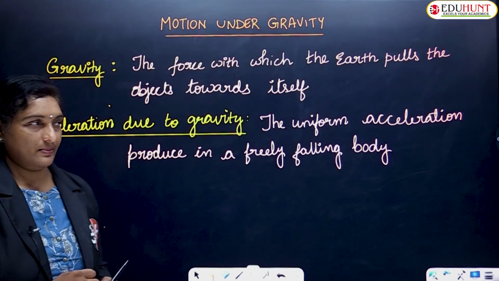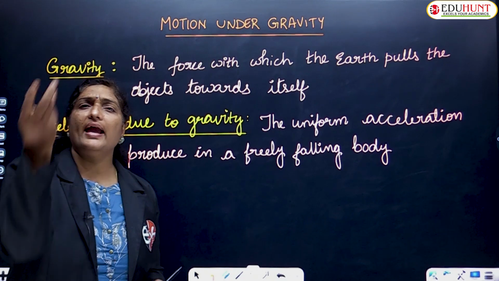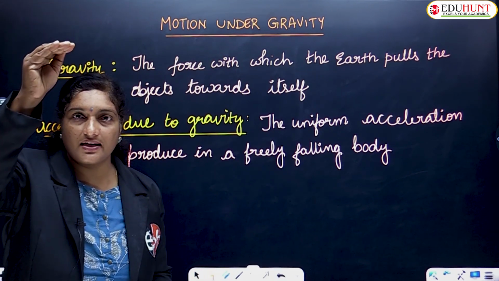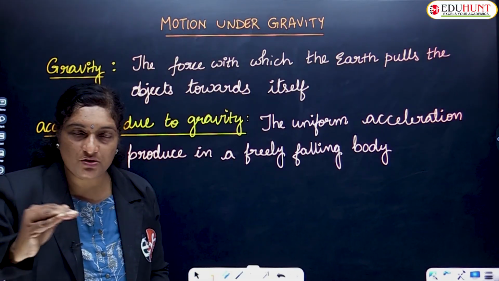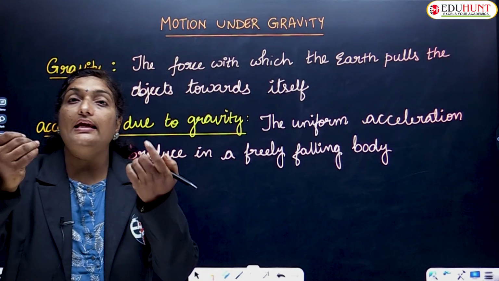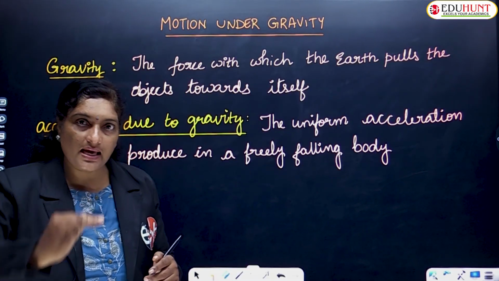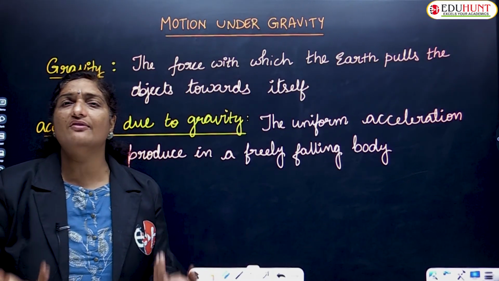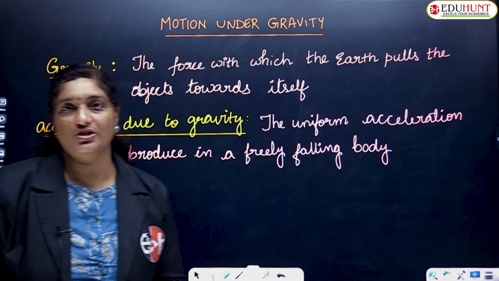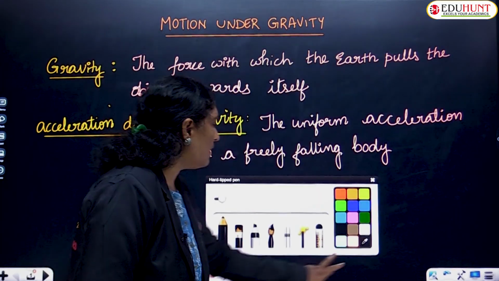The third equation of motion is transformed as v square minus u square equals to 2, a should be replaced with plus or minus g, s is replaced with h. Whereas the fourth kinematic equation is replaced by hn is equals to u plus or minus, a is replaced with plus or minus g by 2 into 2n minus 1.